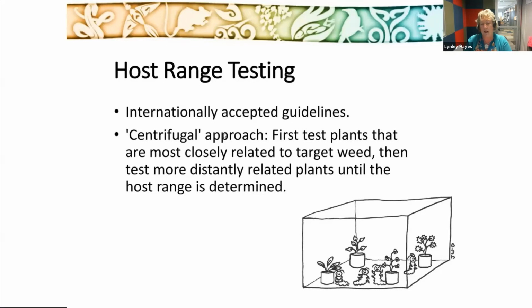We need to understand that, and then we can test the plants, first of all, that are most closely related to the target weed. They are the ones that are most likely to be attacked. If we are working with a natural enemy and it cannot attack the most closely related plants, then it's very, very unlikely that anything more distantly related will be attacked, but we will do the testing to be sure that we understand what the host range is and that it is acceptable.